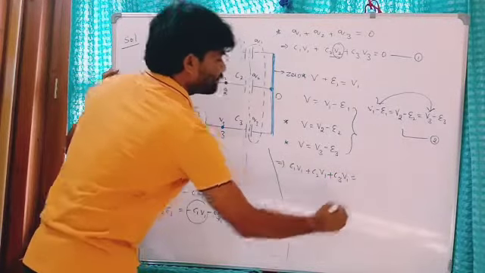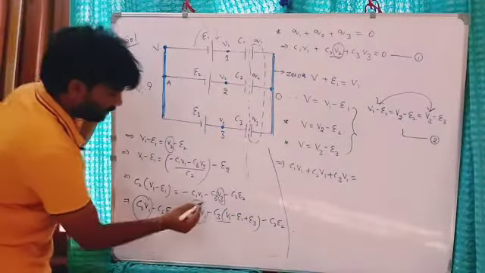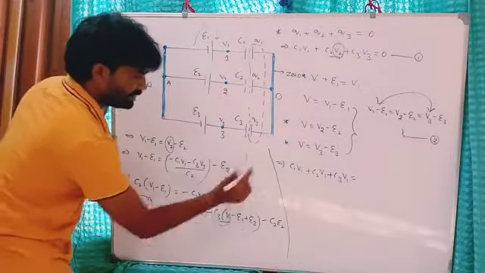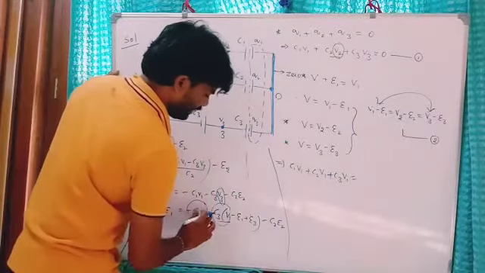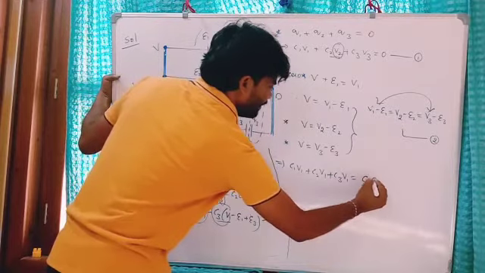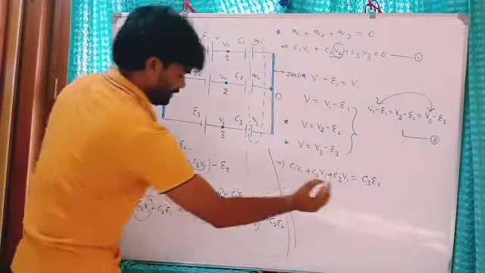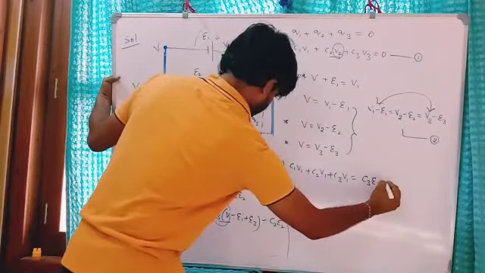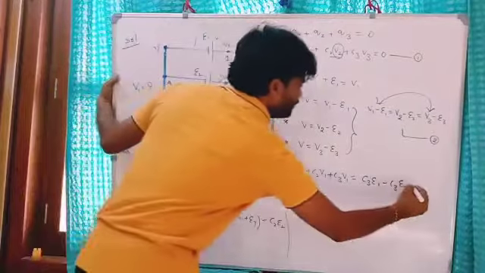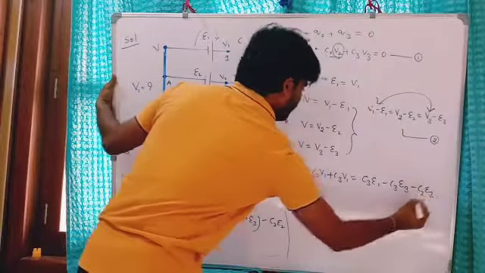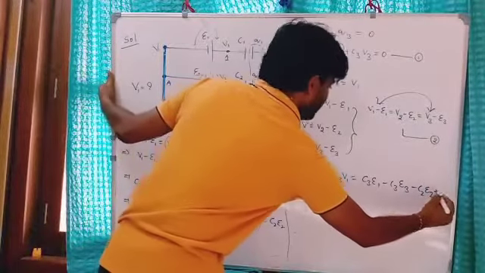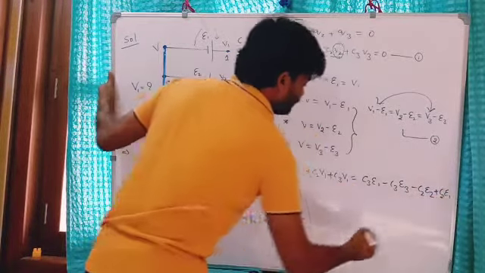Now the remaining terms on the right side: minus C3 into this, that is plus C3 E1, then minus C3 E3, minus C2 E2, and plus C2 E1.